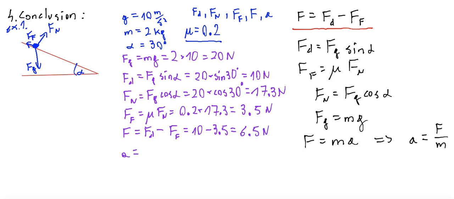And finally, acceleration of the object is F over m, which is 6.5 divided by 2, which is 3.25 meters per second squared. It looks complicated, but if you have the equations, it's not complicated, but you must remember these equations. So copy this solution, and next slide, your homework.